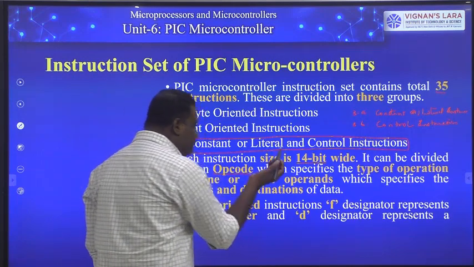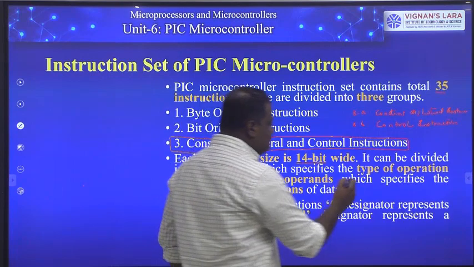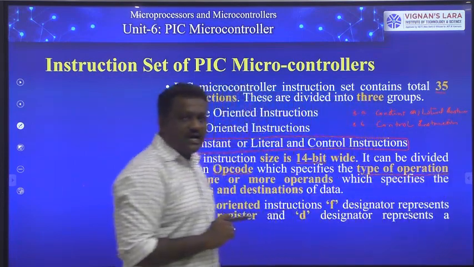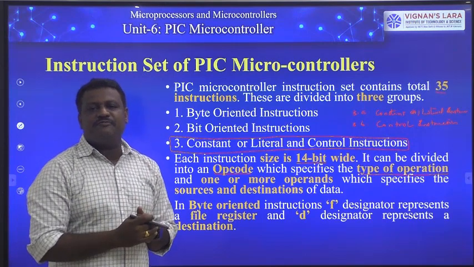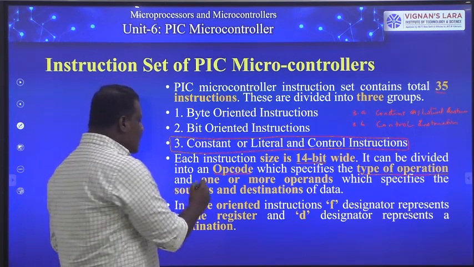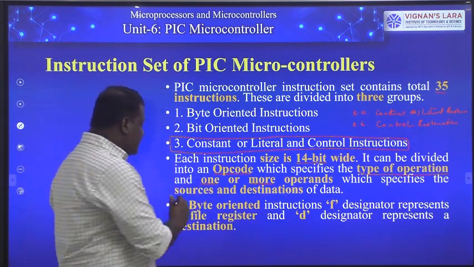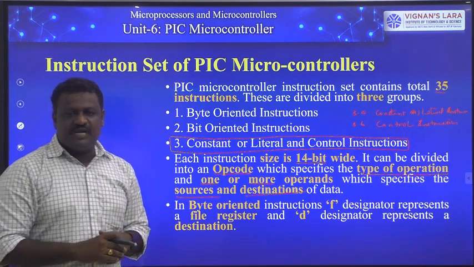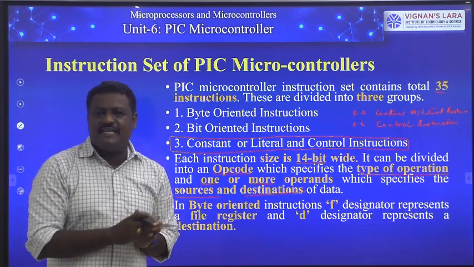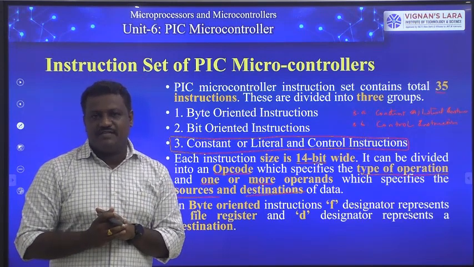One is the opcode field, which specifies the type of operation. The second is the operand fields, one or more operands which specify sources and destinations of data. That means in every instruction you can identify the operation code field as well as operand fields.